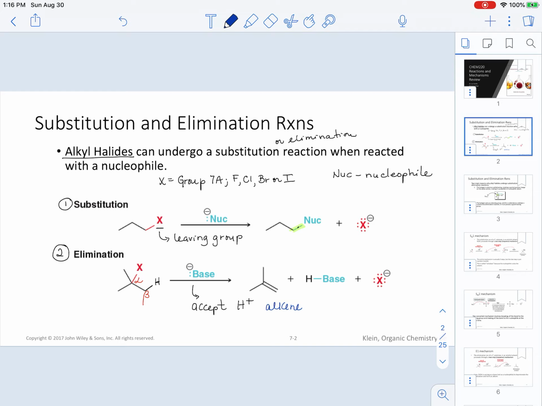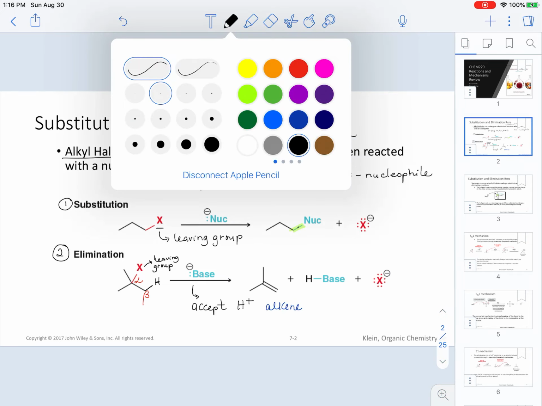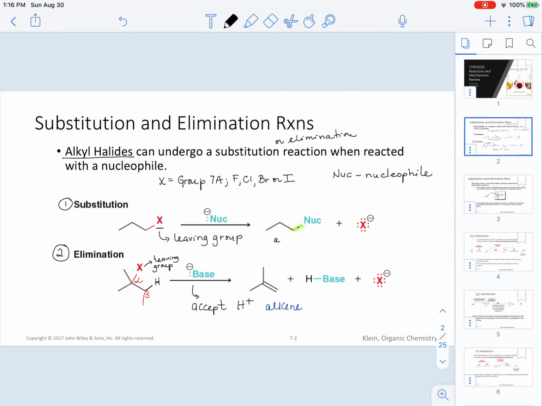Because remember, similar to what we saw in the substitution reaction, that halogen is going to be our leaving group. Now, when it comes to the products that we have in a substitution reaction, there's going to be a variety of functional groups that can be produced.